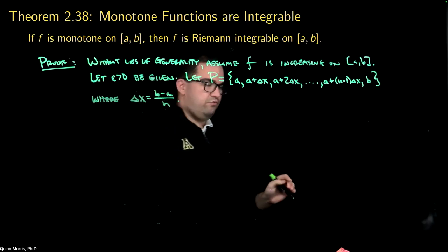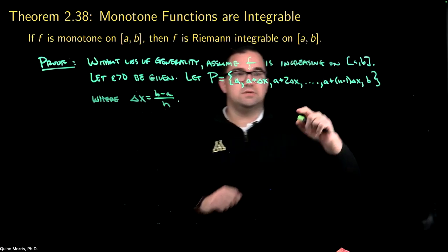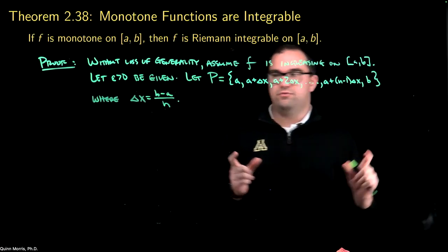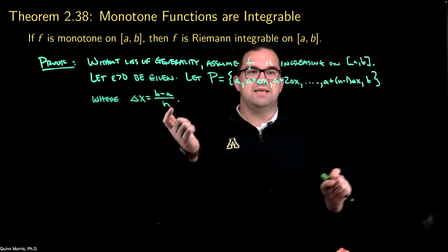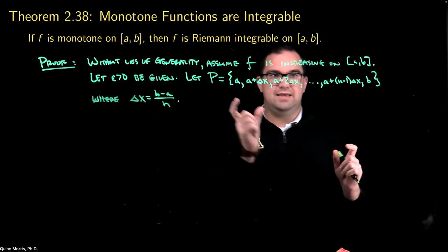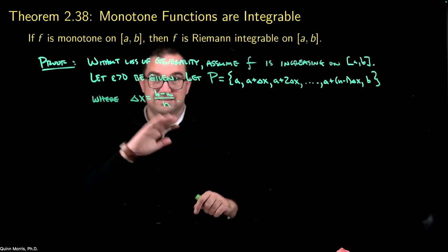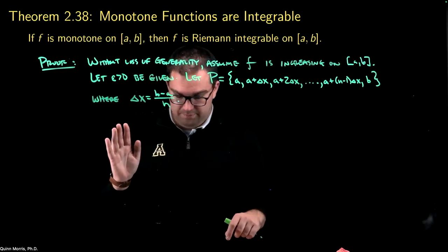So I'm just taking a uniformly spaced partition. It has n plus 1 points, which define n subintervals, each of length (b minus a) over n. So I'm just splitting this interval up into n equally spaced subintervals. Again, same thing we did in that x cubed example.